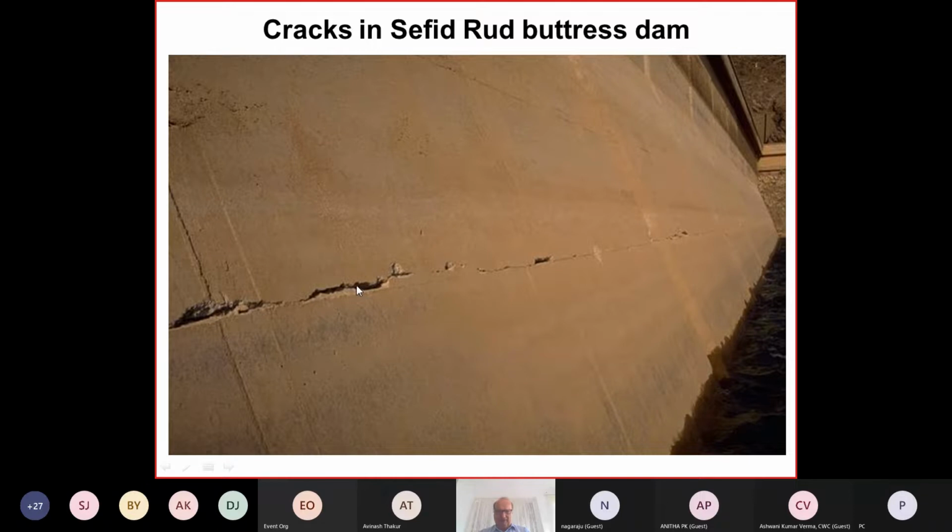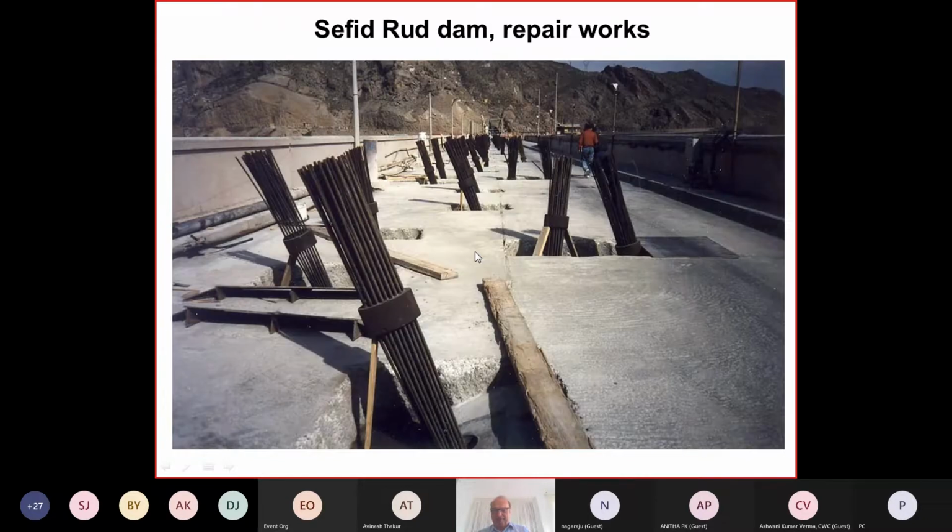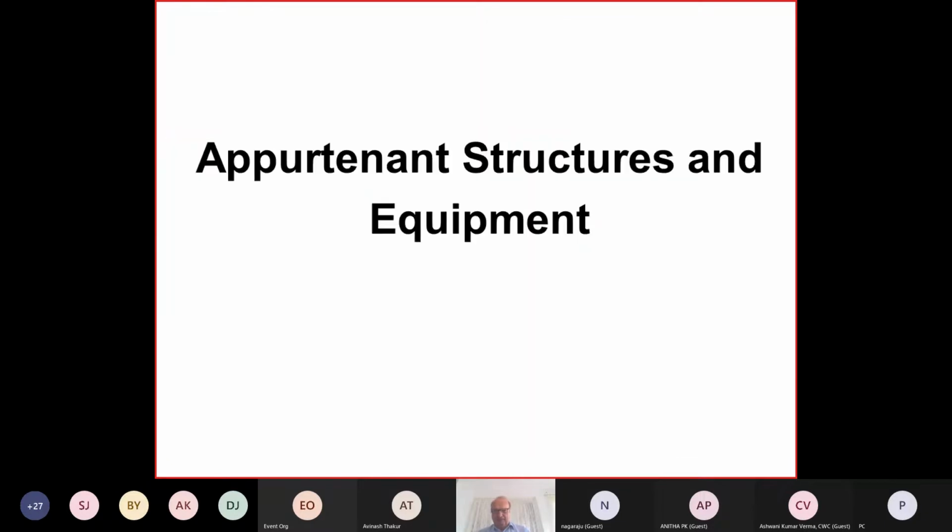They have not been cleaned perfectly, so the strength properties at this joint are different, smaller than those in the surrounding concrete. It has been strengthened and repaired by rock anchors, as shown here.